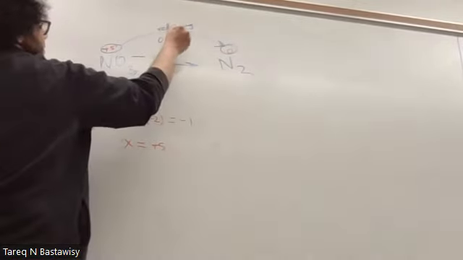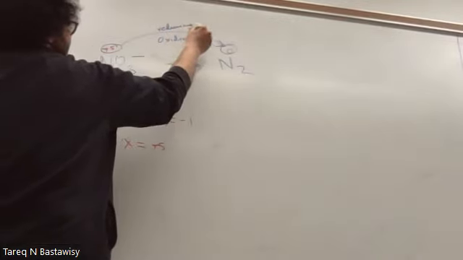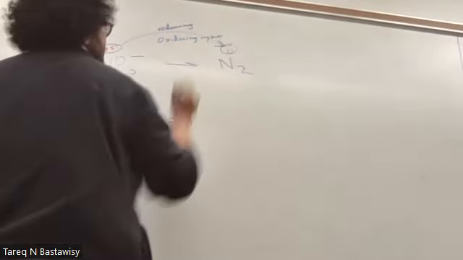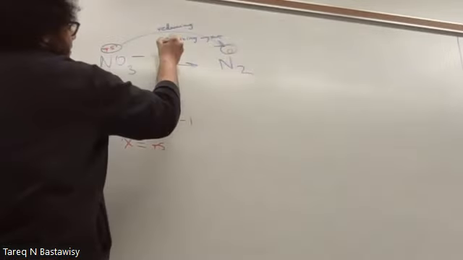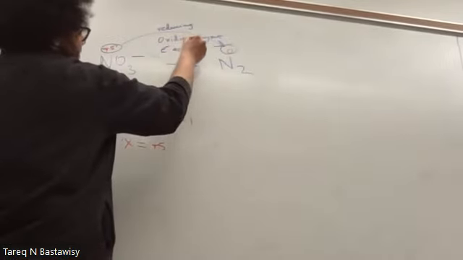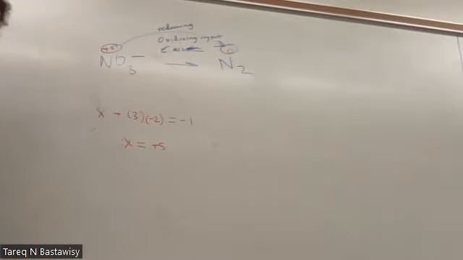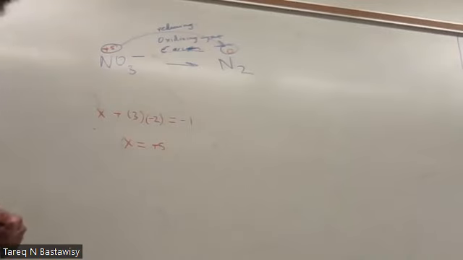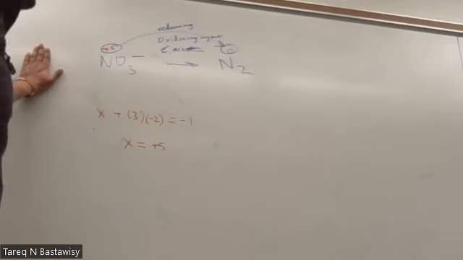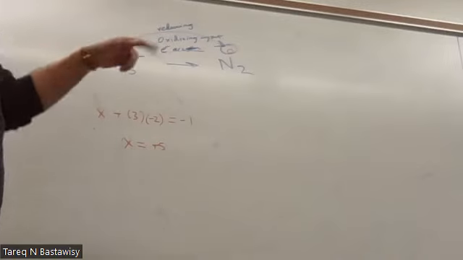Oxidizing agent, which means electron acceptor. Does that make sense? So denitrification is turning this nitrate into N2.